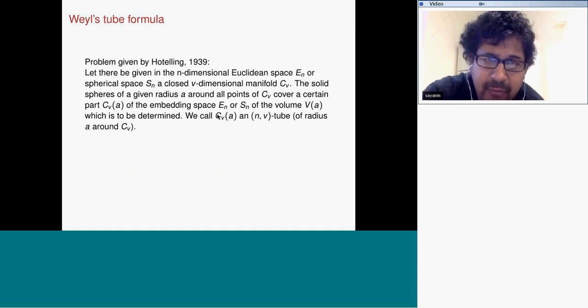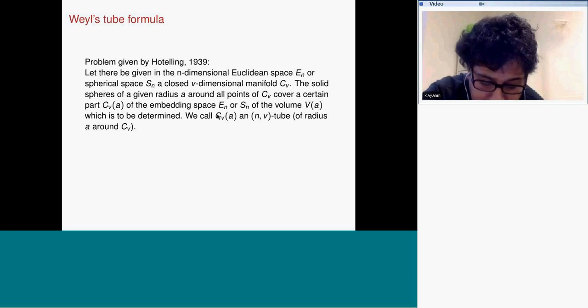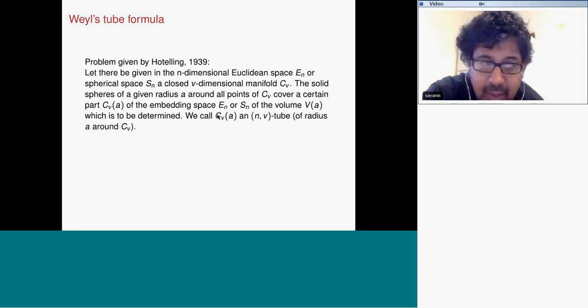One of the examples of people looking at topological data analysis is something called the Weyl tube formula, which some here in the audience are very familiar with. This is a problem that was given by Harold Hotelling. He visited, I believe, Princeton, and Hotelling was a very prominent statistician, and various types of principal components analysis and things like that were things he worked on.